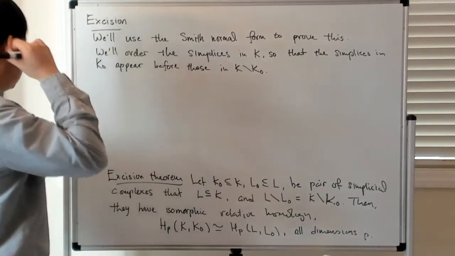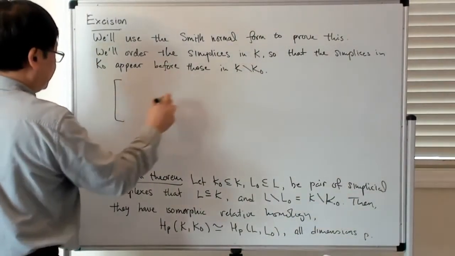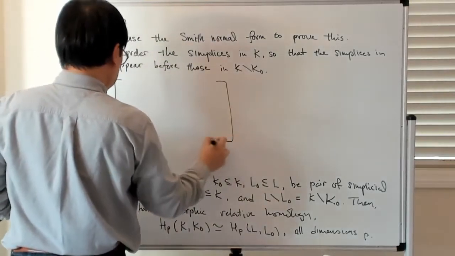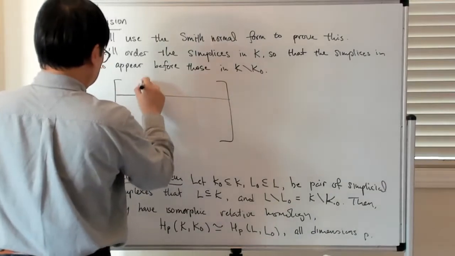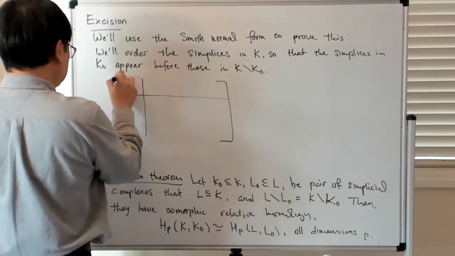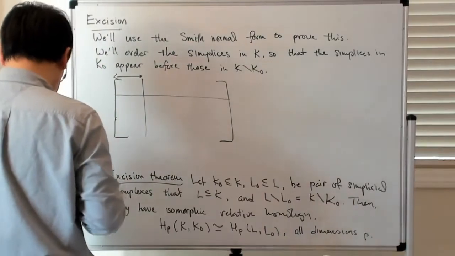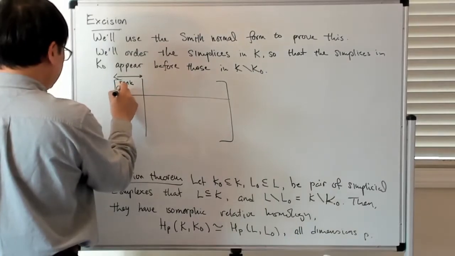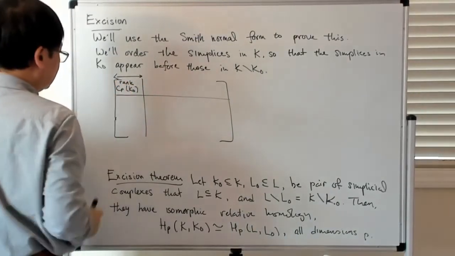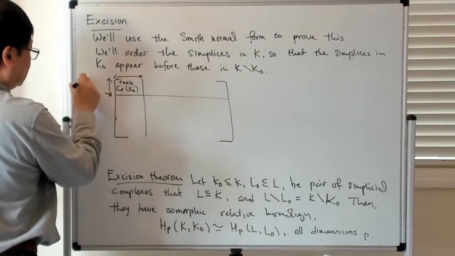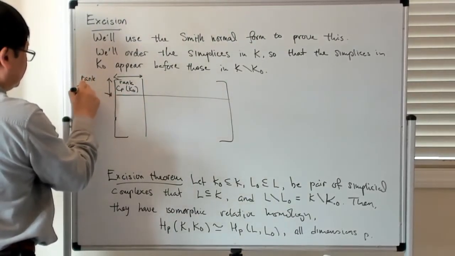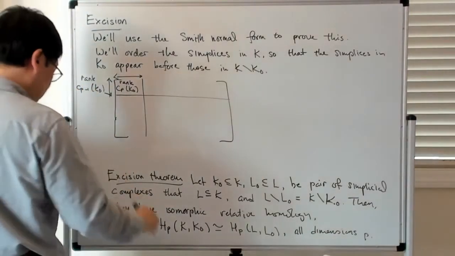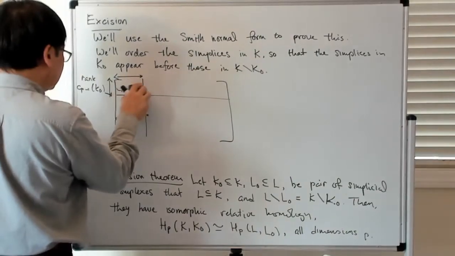All right, so let's now look at how that boundary matrix looks. This thing here is going to be the rank of C_p(K0), and this is going to be the rank of C_{p-1}(K0). Actually, maybe I should put the label up here instead.